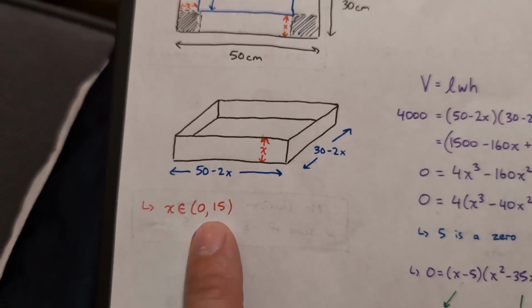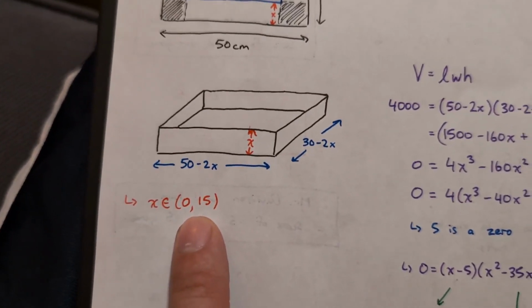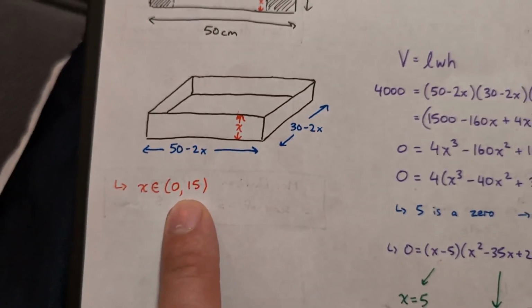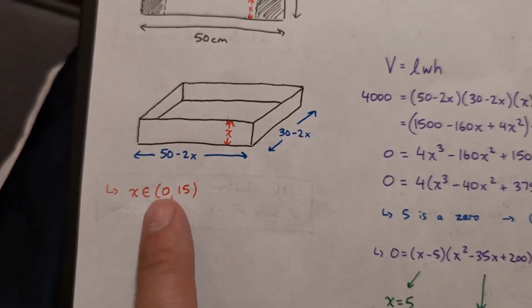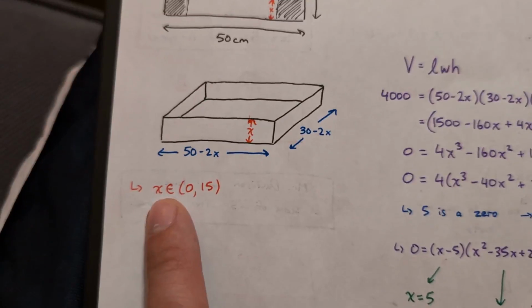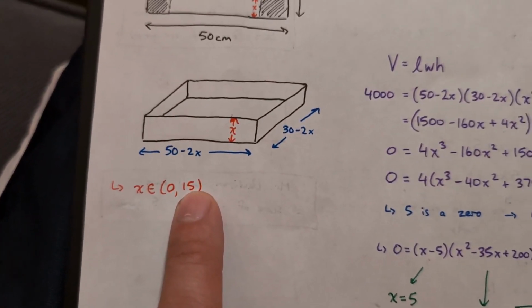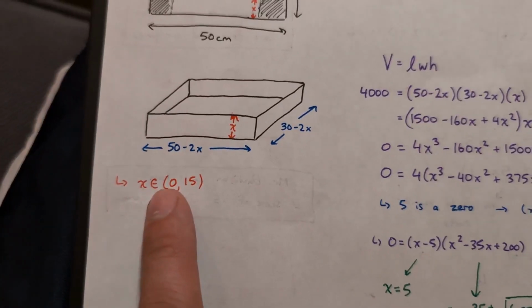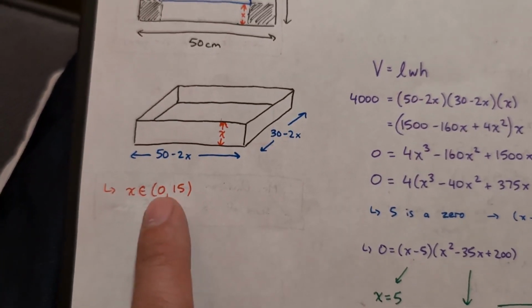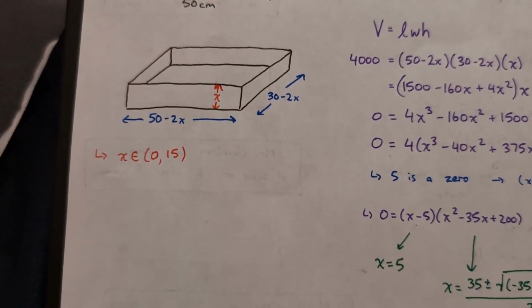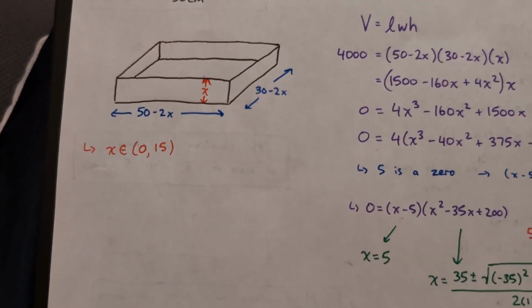I've written it in that interval notation we talked about one of the first days of this class, but I put round brackets because we don't really want to include 0, because then it's not three-dimensional. And we don't really want to include 15 because it's not three-dimensional, but our X is in that interval from 0 to 15. Not inclusive, I should say.